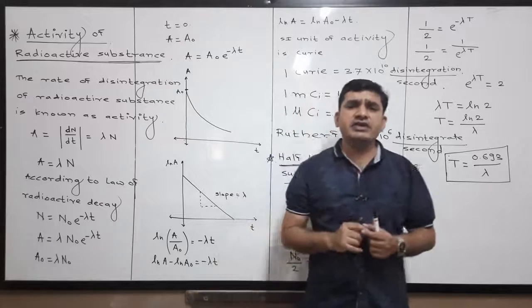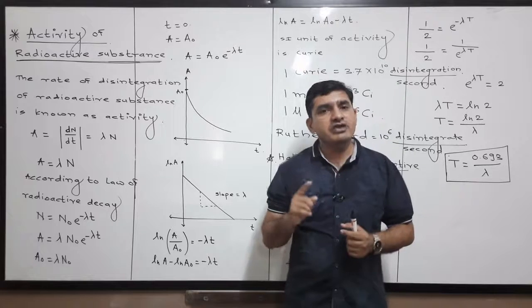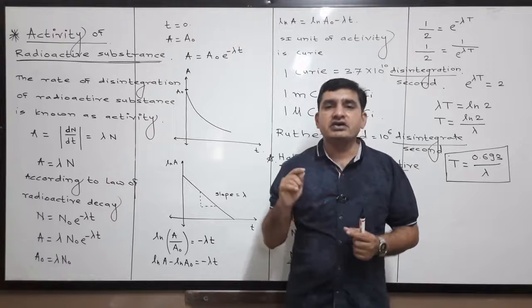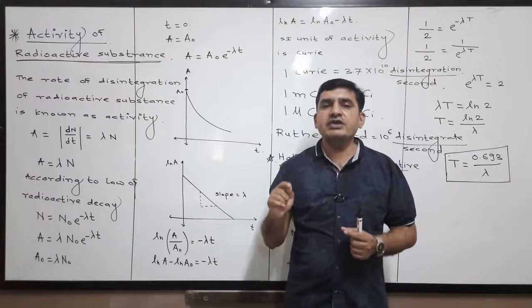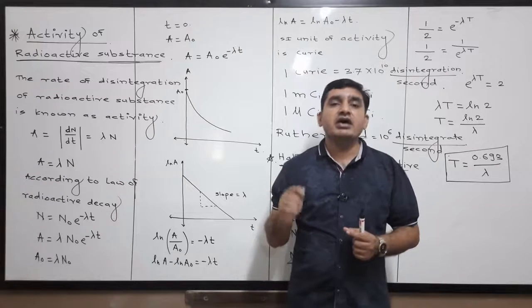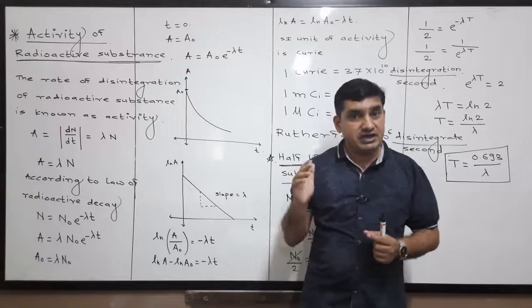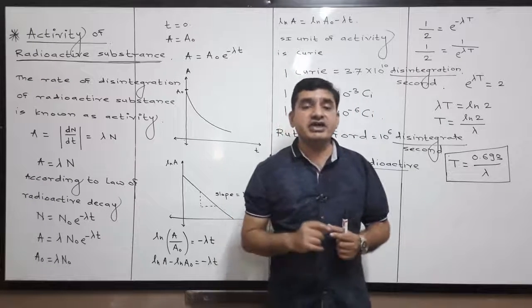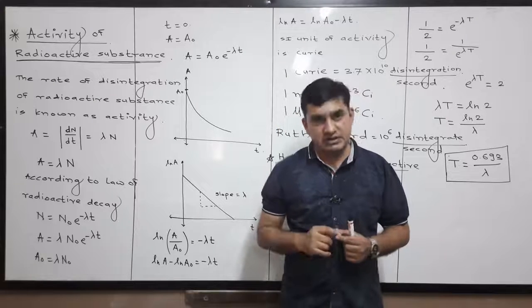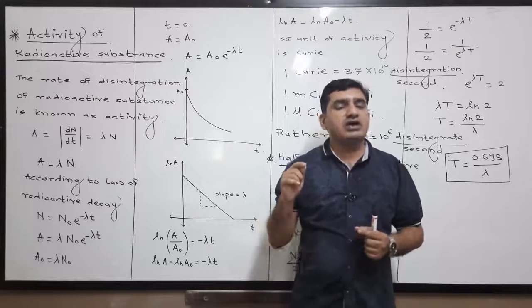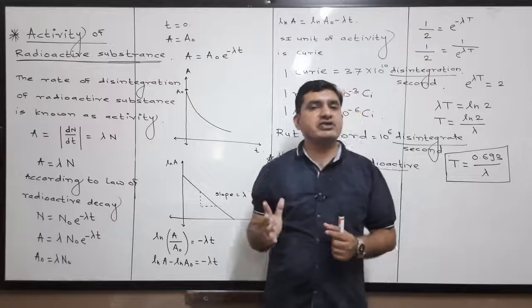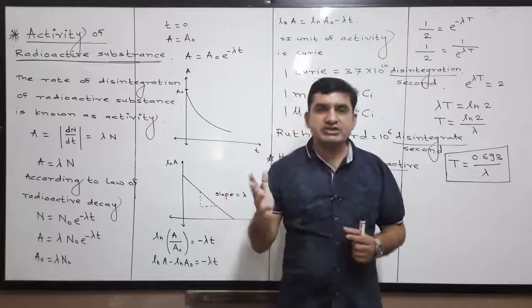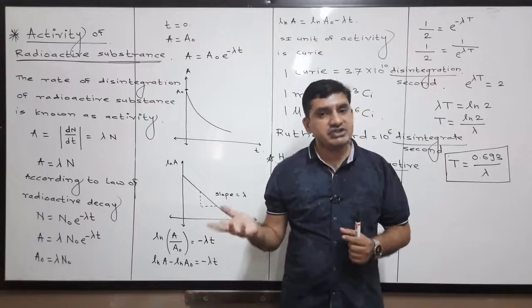The unit of activity is the curie. 1 curie is 3.7 into 10 raised to 10 radioactive atoms disintegrating in 1 second, so 1 curie equals 3.7 into 10 raised to 10 disintegrations per second.